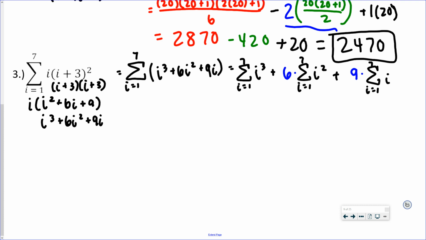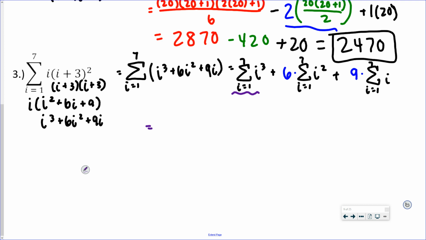Okay, so i cubed, that's that fourth formula in your chart.